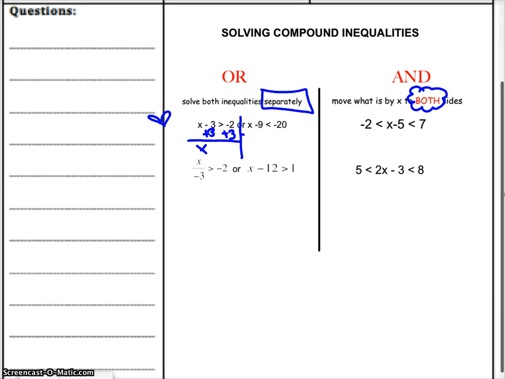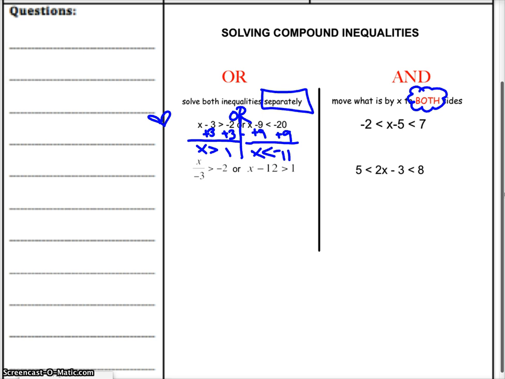And I get x is bigger than negative 2 plus 3, 1. Or, because this is all an or, now I solve the other one. Minus 9, plus 9 to the other side of the inequality. And you get x is less than, they're different, so I subtract them, and it's negative 11.